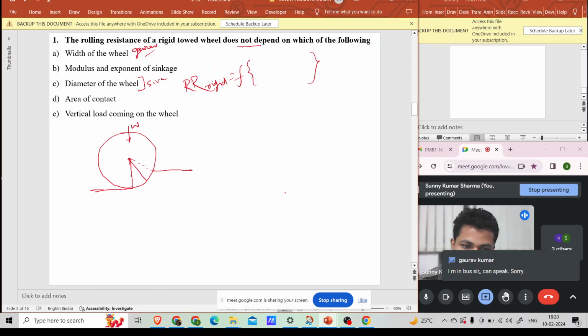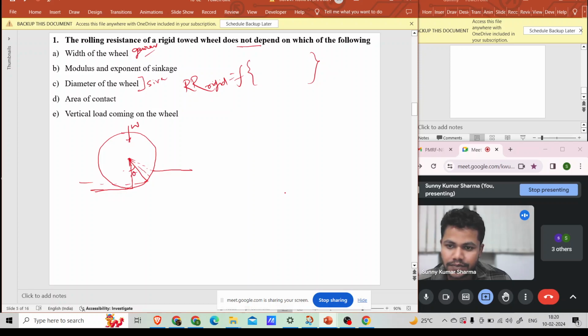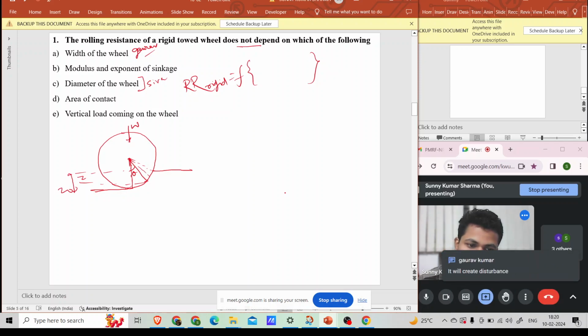Sir has derived this equation. Okay, no problem, you can write. Suppose at some angle theta, this is the sinkage Z and our total sinkage is Z0.